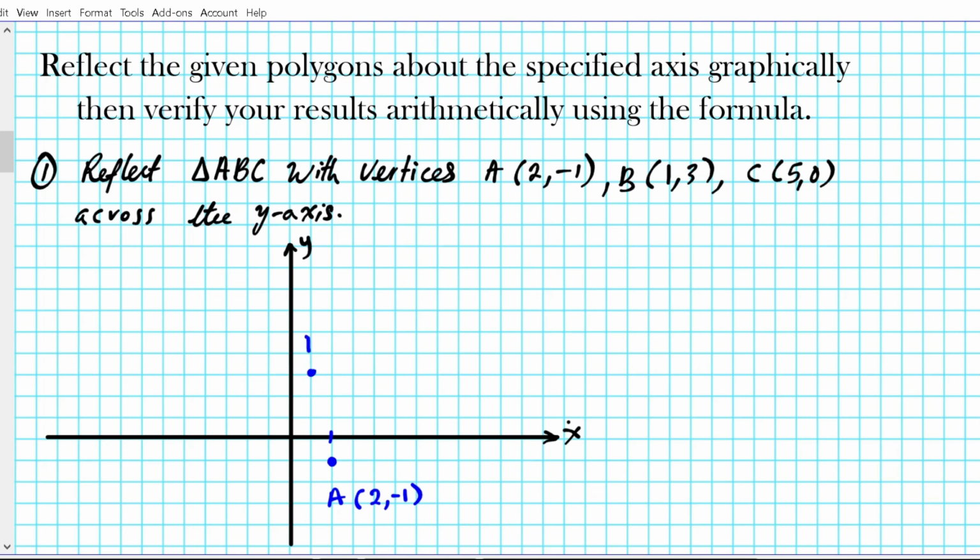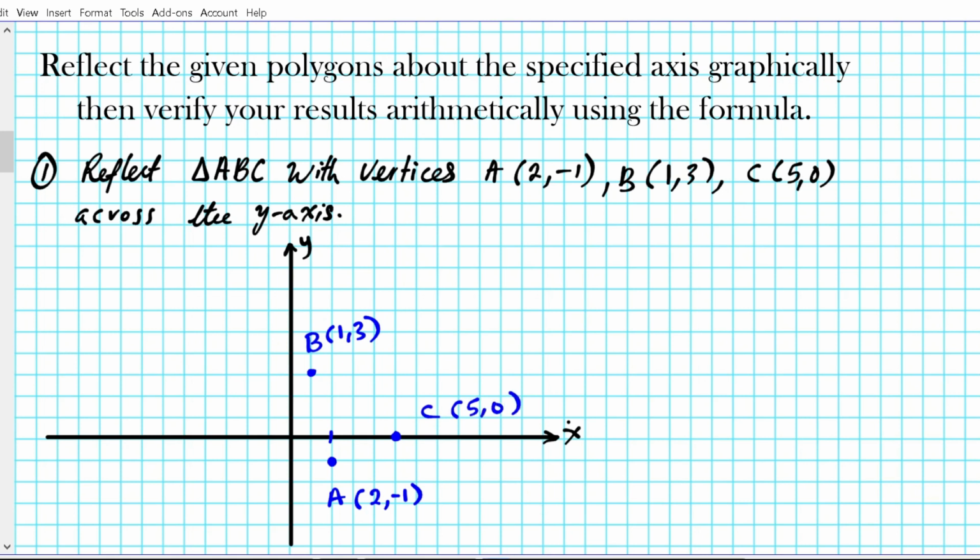That's point B. And then point C is (5, 0): 1, 2, 3, 4, 5. All right, so that's point C, which is (5, 0).